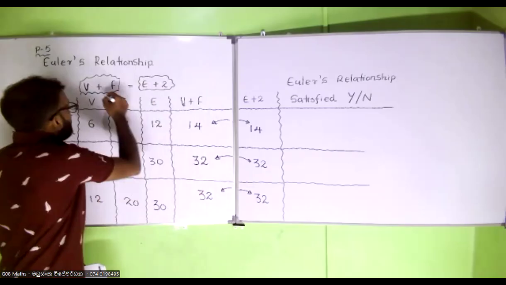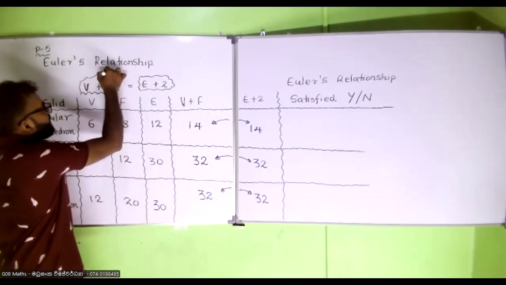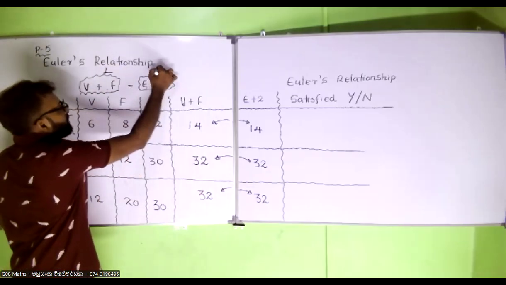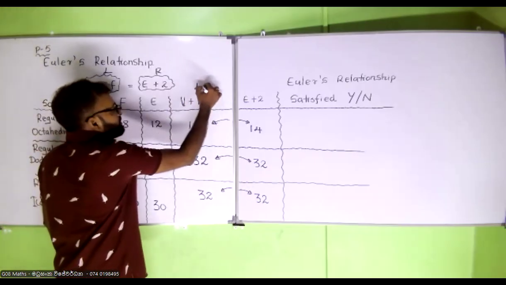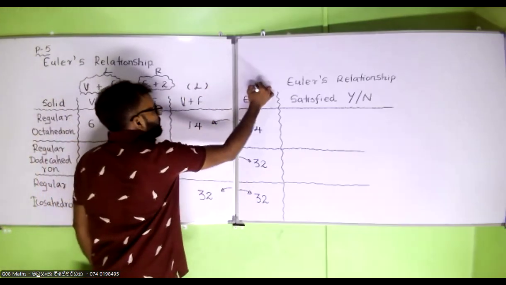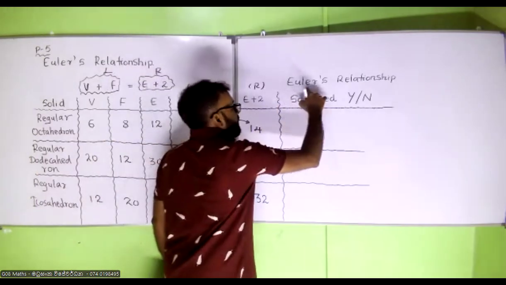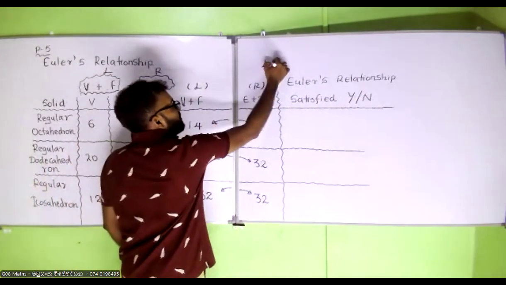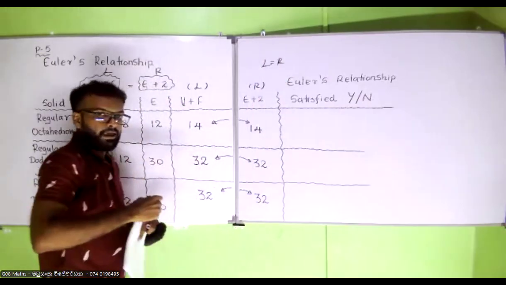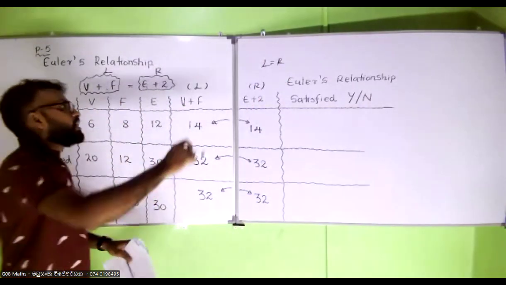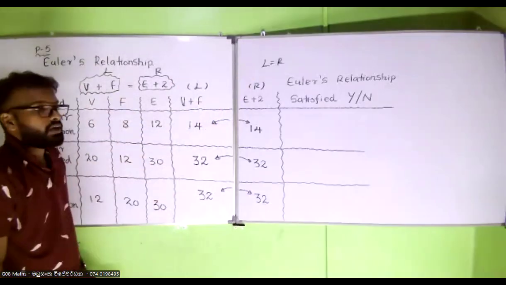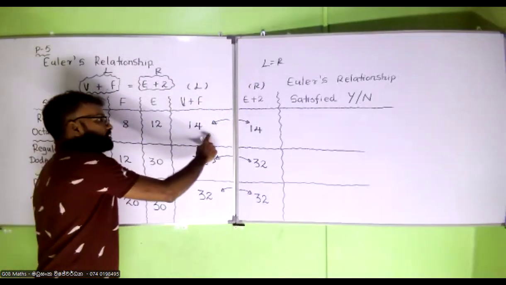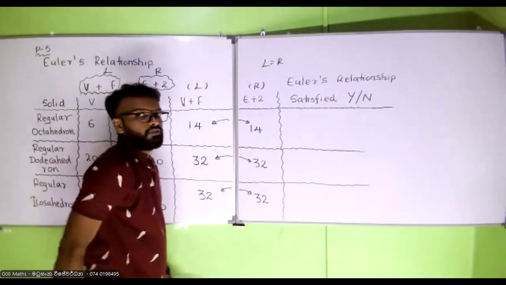V plus F means left hand side, and E plus 2 means right hand side. They are asking whether Euler's relationship is satisfied, that means whether L equals R, yes or no, for all of them.